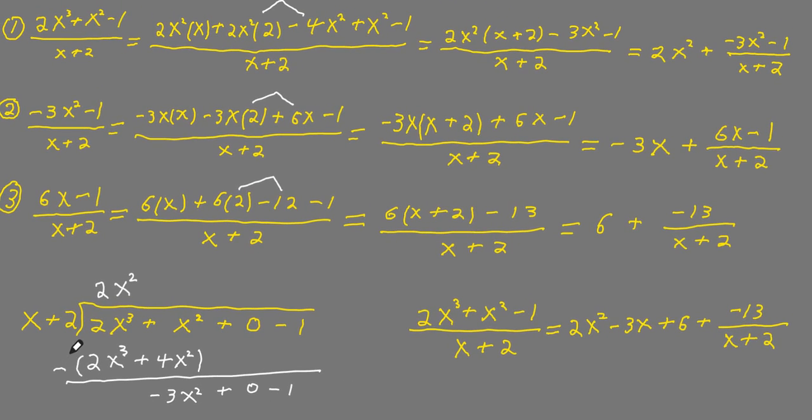So from here to here is just one iteration of the long division, and that corresponds to the first iteration of this procedure over here.